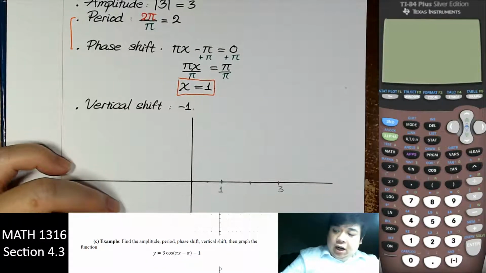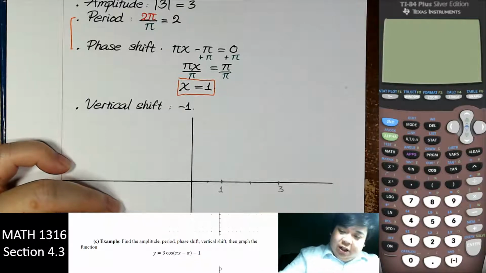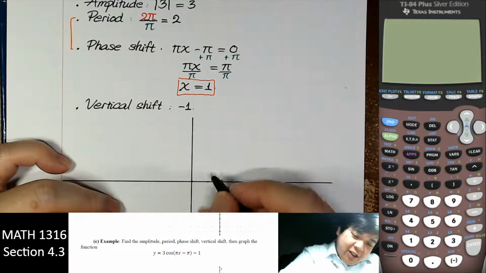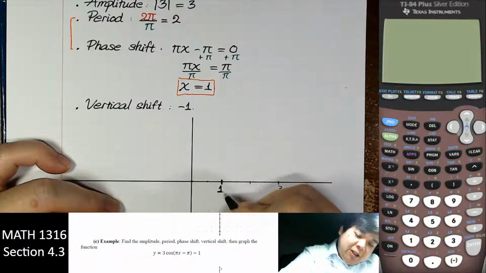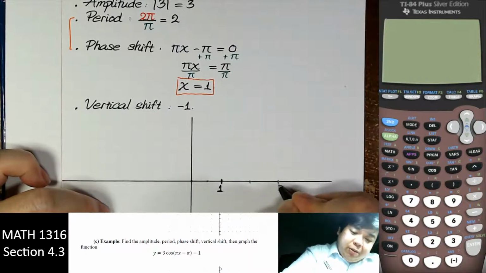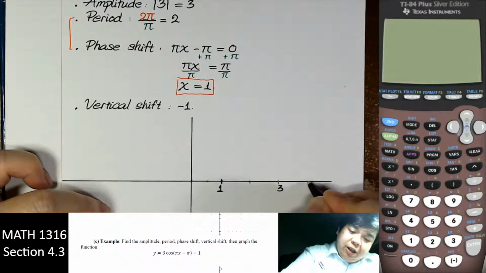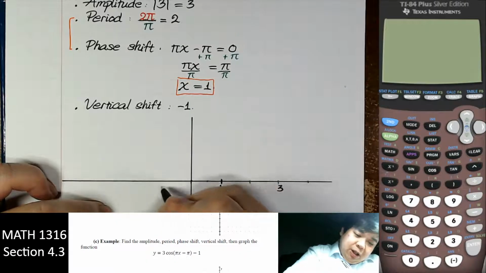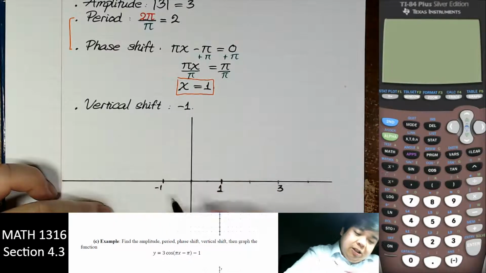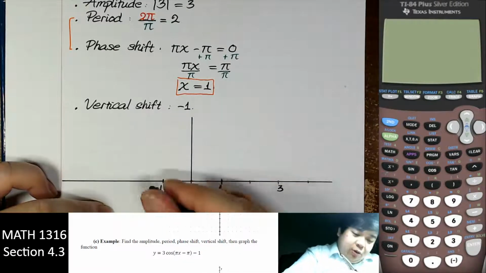So we start at 1. The period is 2, so we go to 3, and we can also go back from 1 to -1.